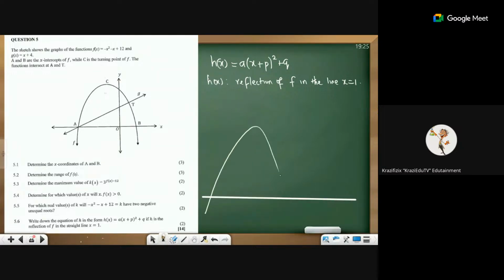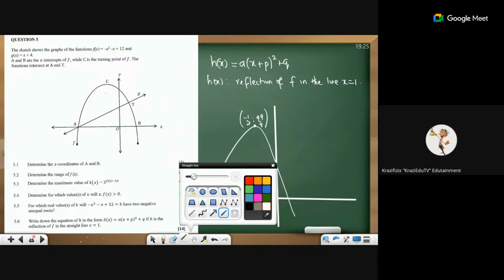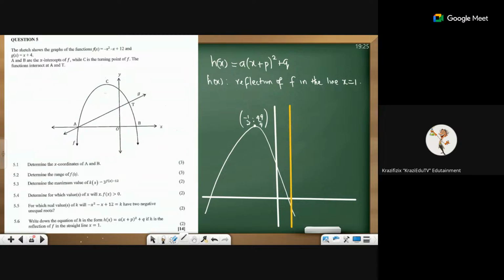So we have that, and I have that. What is this value? We got negative half and 49 over 4. We want to reflect along which line? x equals 1. Let's just put the 1 here, just an estimate. This line is now the mirror.